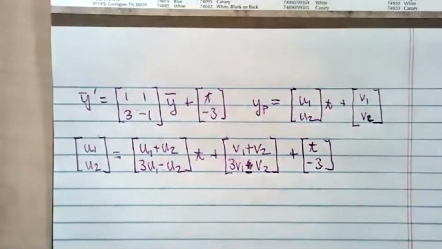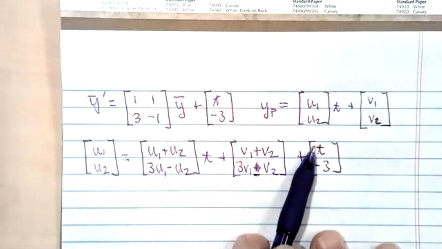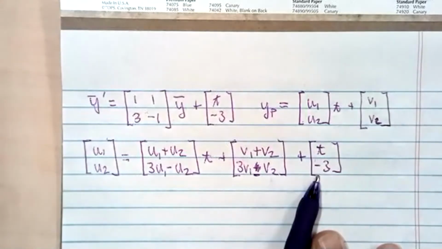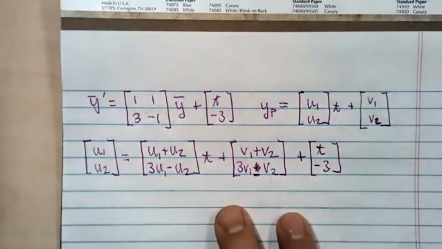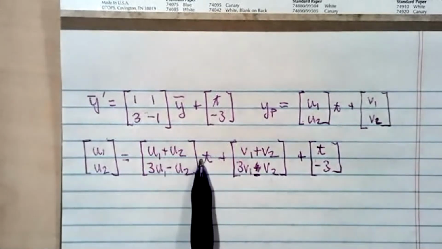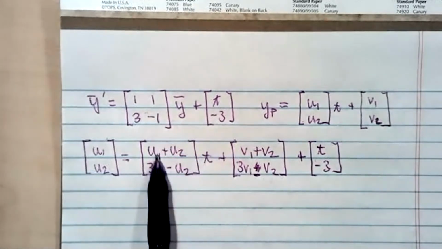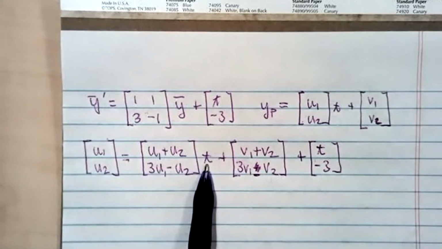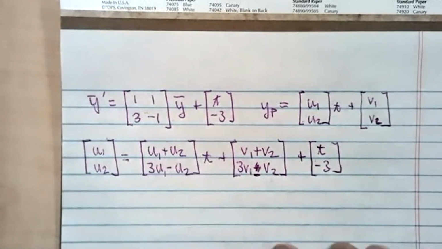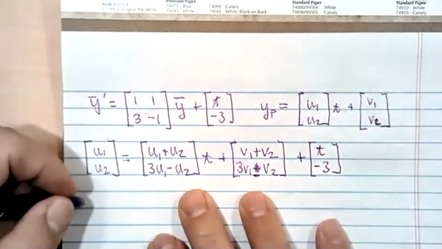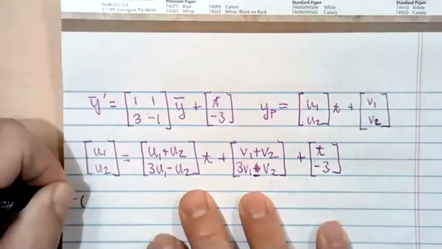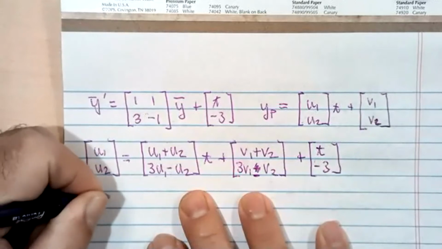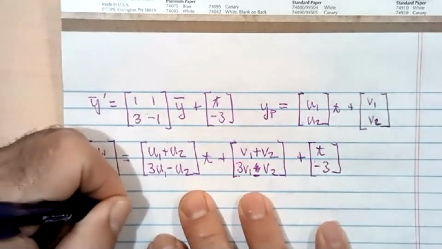Okay, well, let's push everything but this t, -3 vector to the left-hand side, and we'll just try to gather things up as well as we can. Now, notice that this is the only vector that has a t on it. So that's already simplified. We've got in the top row, minus (u1 plus u2) t.